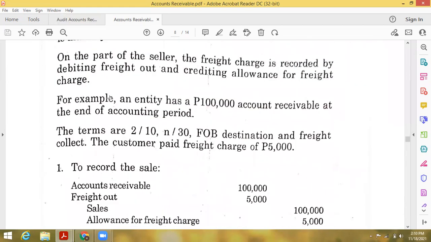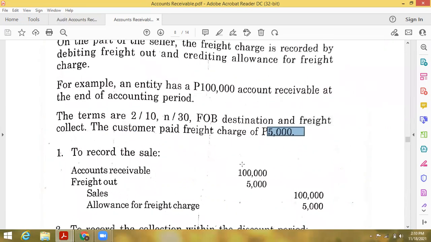Ito example para mas malinaw, we have 100,000 accounts receivable. Ang term niya is 2/10, n/30 FOB destination freight collect. The customer na nagbayad si buyer ng 5,000. So parang pag ganyan, may utang ako kay buyer na 5,000, di ba?